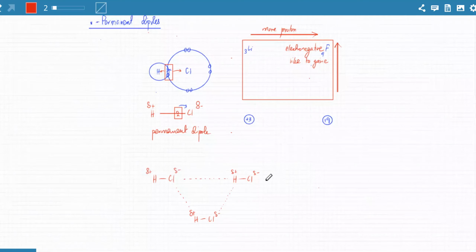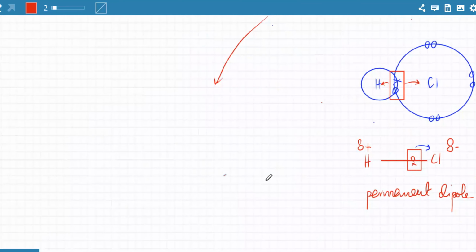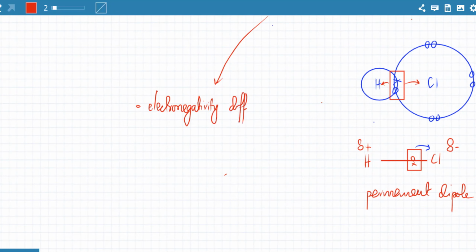Yes, sir. So the thing with dipoles is that there are two things. One is that there has to be an electronegativity difference between atoms in a bond.